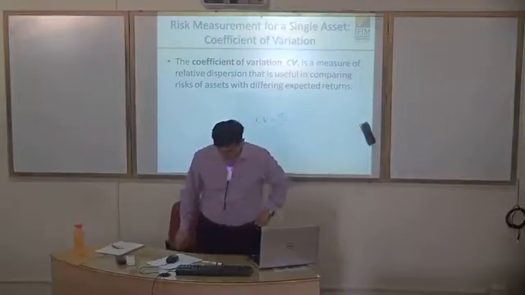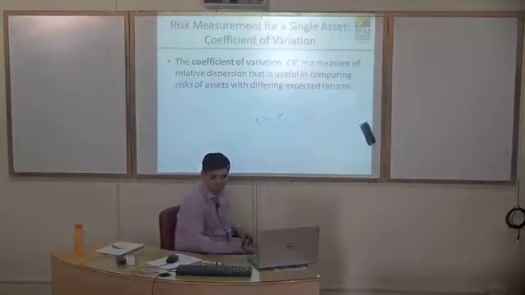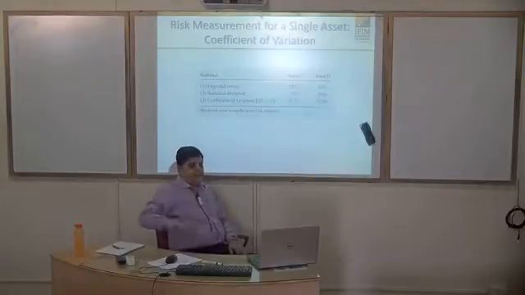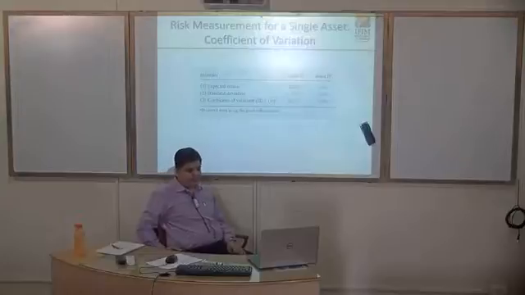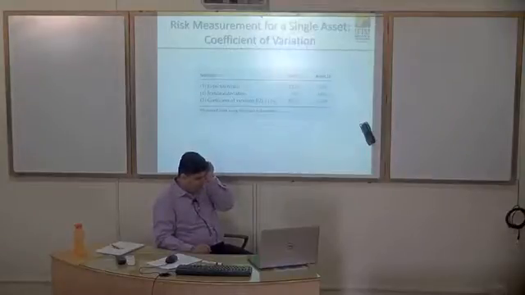Looking at the example, the expected returns of asset C and asset D are listed here. A couple of pointers: standard deviation and coefficient of variation. Expected return 12%, standard deviation 9%, and CV is 9 divided by 12, which is 0.75.